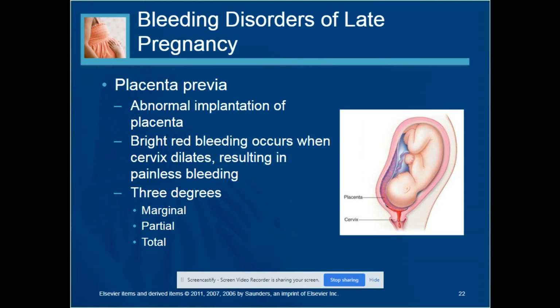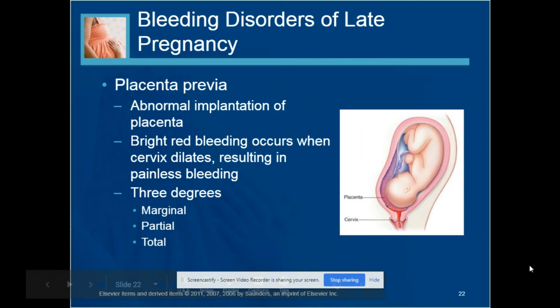Bleeding disorders of late pregnancy. The first one is going to be placenta previa. So in placenta previa, we have an abnormal implantation of the placenta.